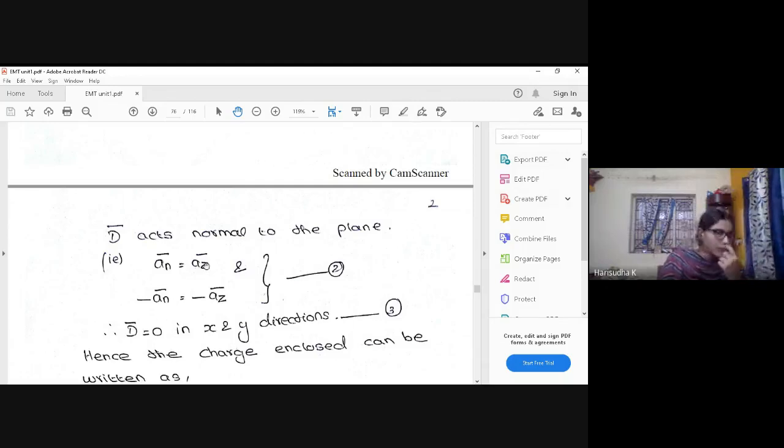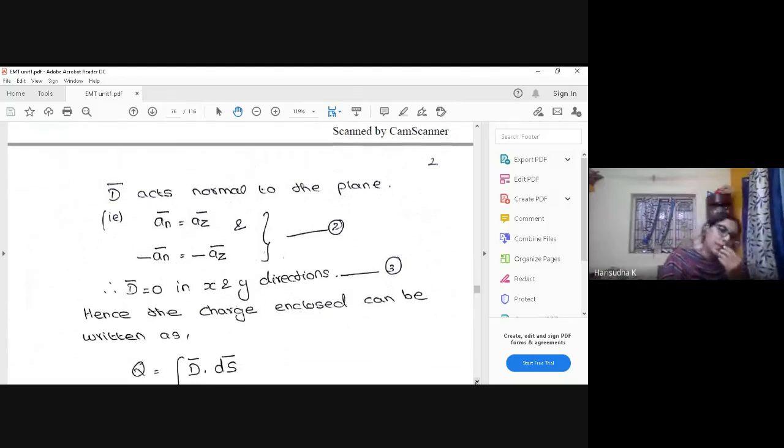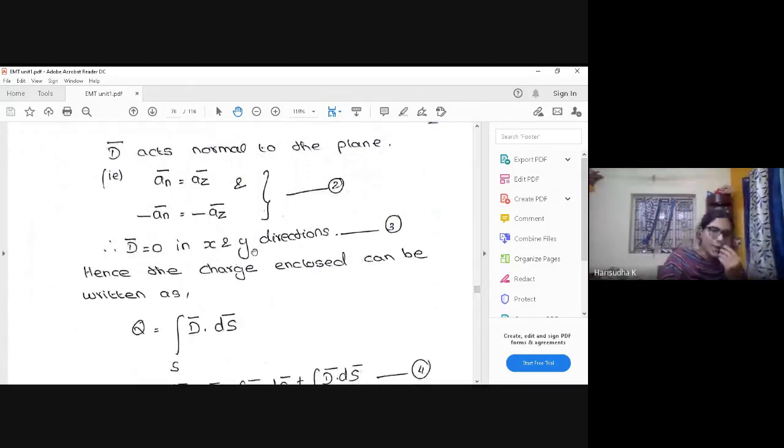Rather than specifying the z direction, I'm just specifying it in terms of the normalized unit vector: plus an along the positive axis, and minus an along the negative z axis. Therefore, D will be equal to 0 in the xy direction. That is, electric flux density will be equal to 0 in the xy direction.